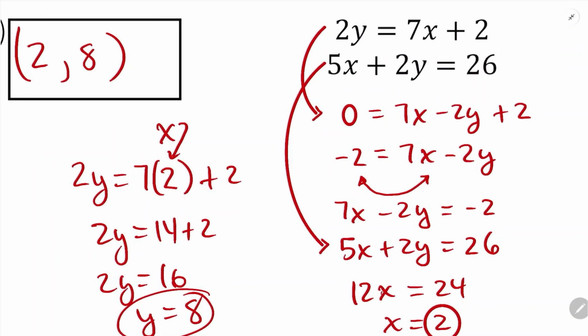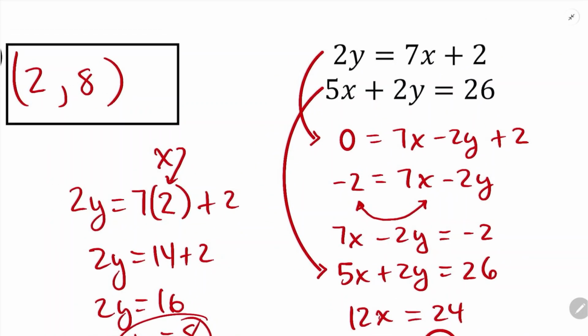Now, I'm done with that. I could test it and make sure it works, right? That's a super smart thing to do. If I was checking that, over here, 2 times y is 2 times 8, which is 16.